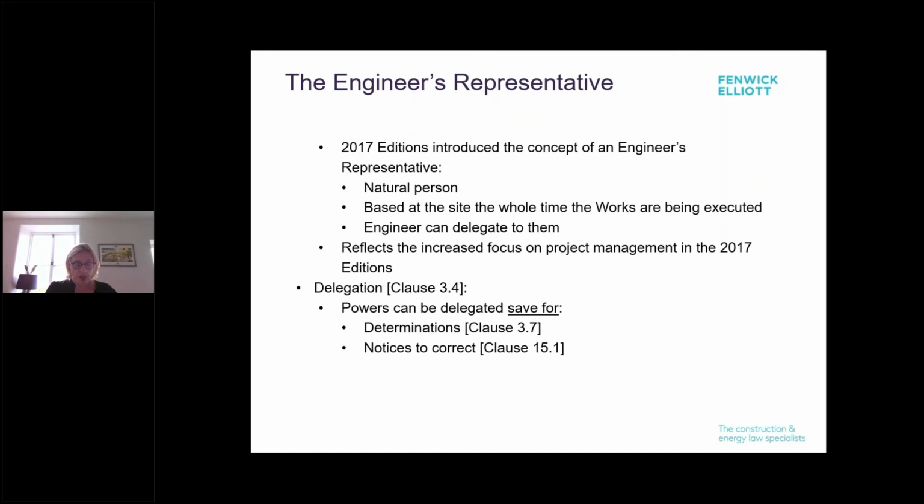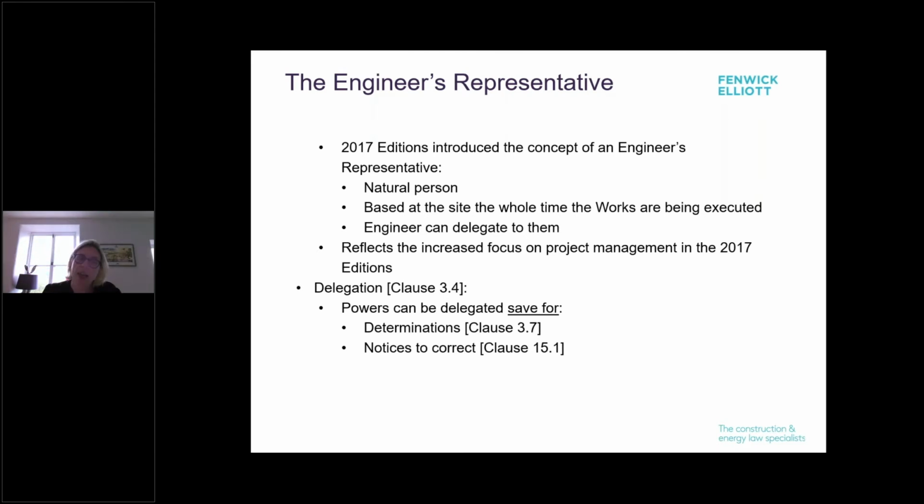So the engineer's representative in the 2017 edition has to be based on site the whole time the works are being executed. And the engineer can delegate powers to them. They have to be a natural person. And this reflects the increased focus on project management in the 2017 editions compared to past editions.